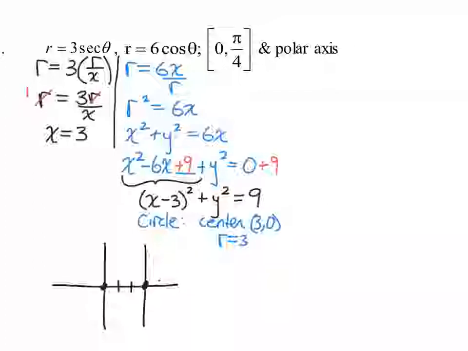All right, so we have x equals 3 here. Have vertical line x equals 3.